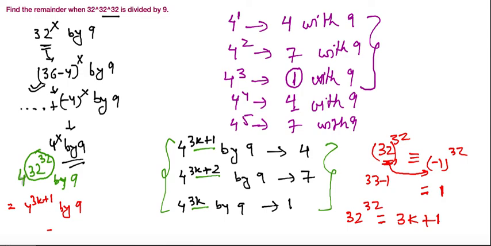If you go to our generalization, the three cases, and find out which case is the one that we are talking about, you will find that this is case number 1. 4 to the power 3k plus 1 when divided by 9 gives us a remainder of 4. So this expression also will give us a remainder of 4 when divided by 9. So the correct answer to the original question is going to be 4.